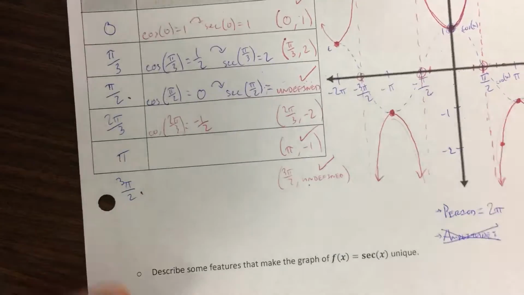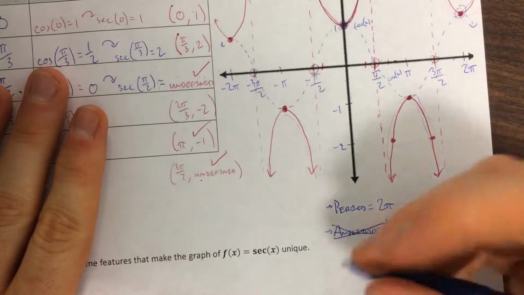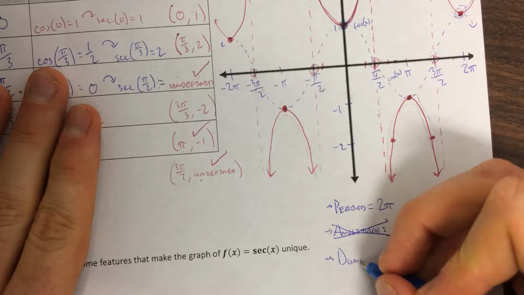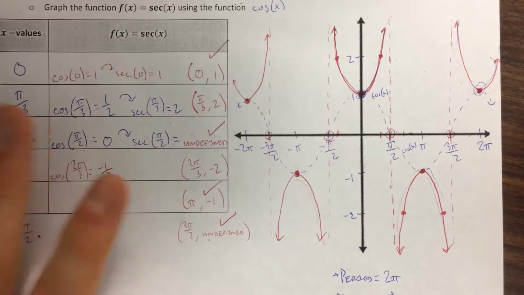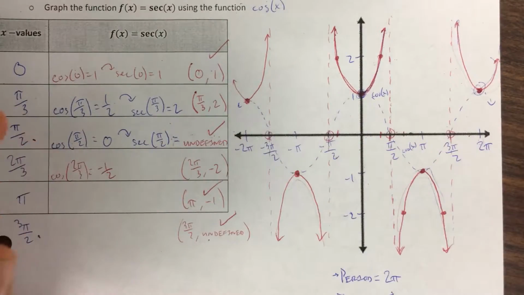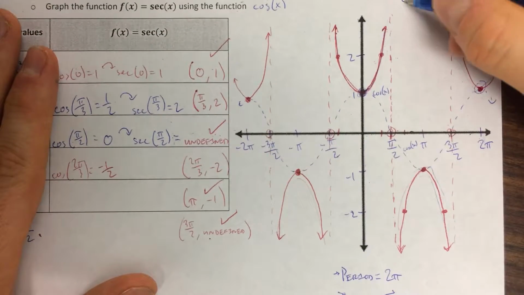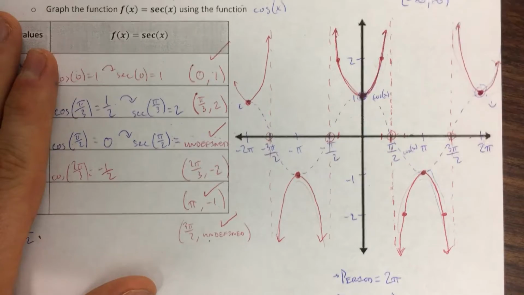I'm going to do domain, try to do it here. So domain is a little tricky because it does go forever in both directions. So we usually say that's negative infinity to infinity.